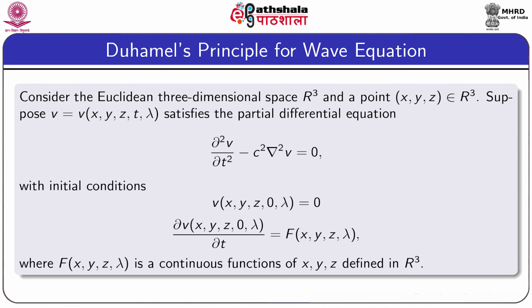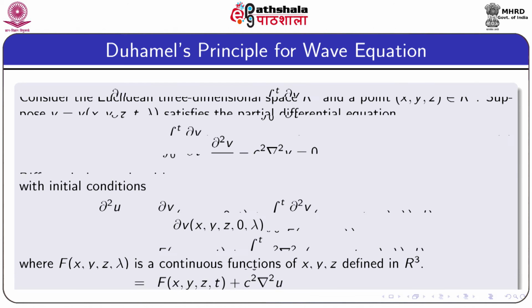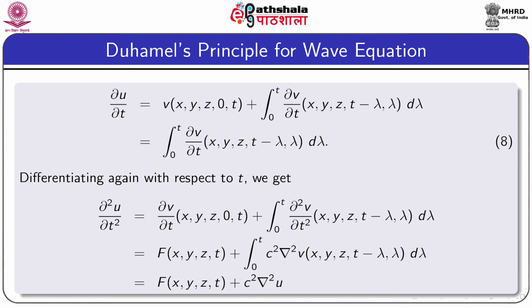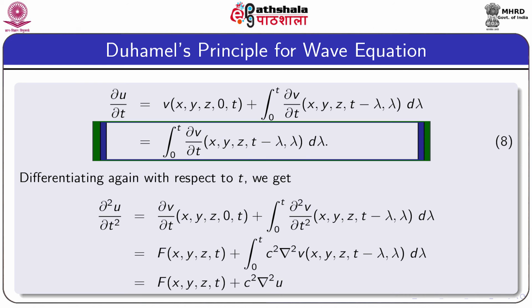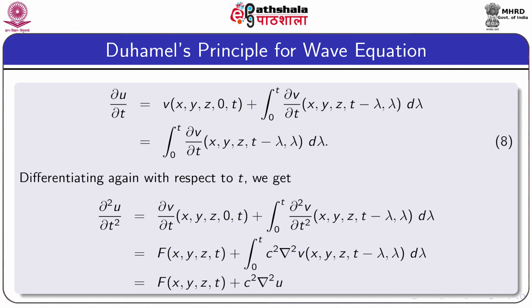So, if we use this condition, the first part becomes 0. So, del u del t becomes integration 0 to t of del v del t (x, y, z, t minus lambda, lambda) d lambda. Again differentiate del u del t with respect to t.